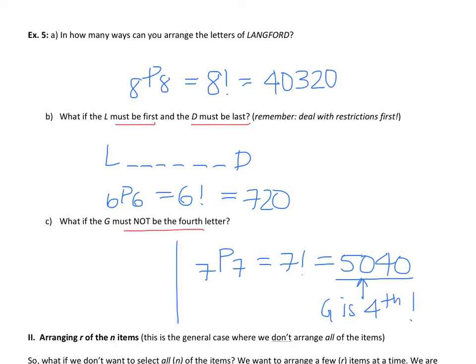So if I want to find all the cases where G is not the fourth letter, what I'm going to do is take all the possible cases, which is up here, and subtract the cases where G is exactly the fourth letter. So that's 8 factorial minus 7 factorial, which is equal to 35,280.